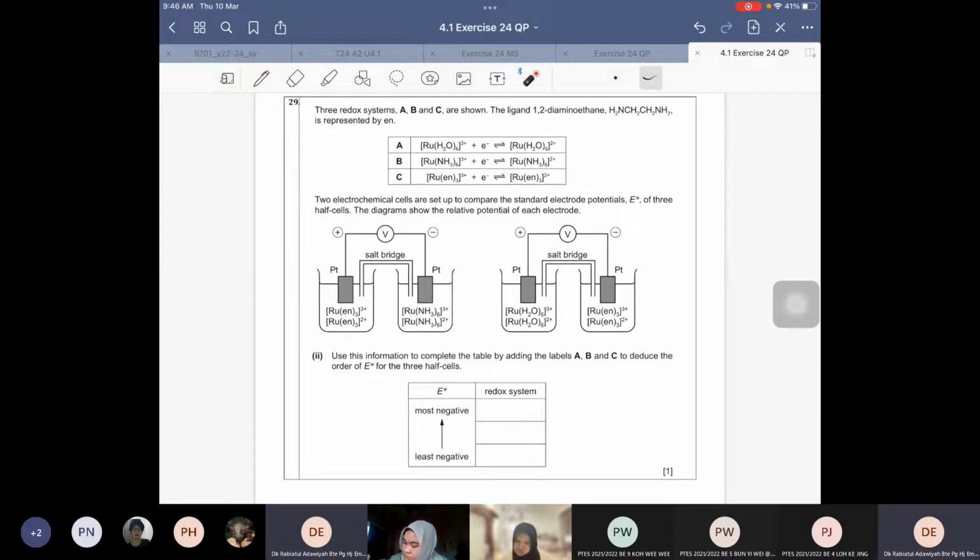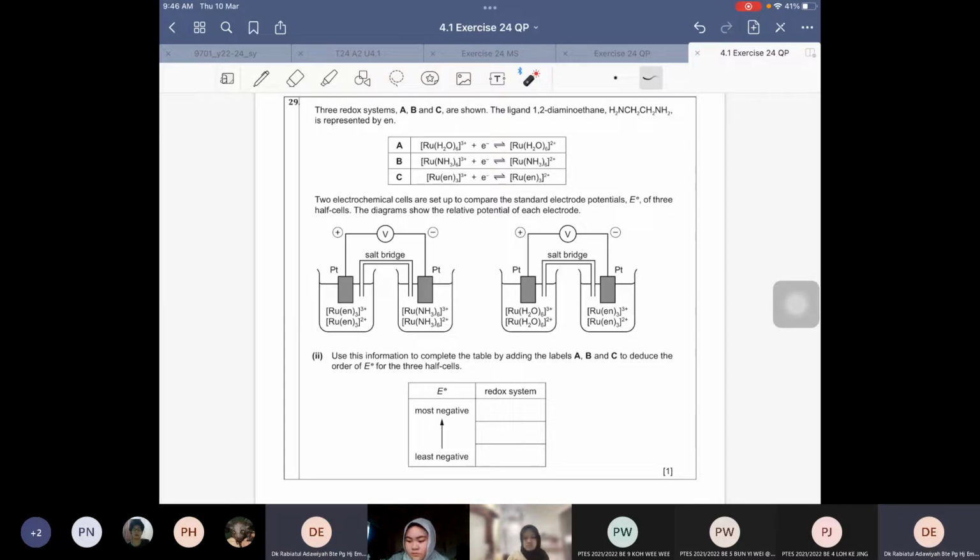So we've got three redox systems here. They are all the methyl ruthenium, but the only difference is the one in the bracket. This is what we call ligands. You will look at ligands later on in the next two topics, if I'm not mistaken.